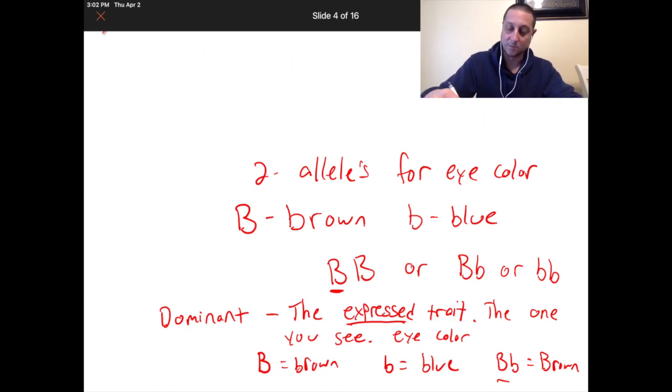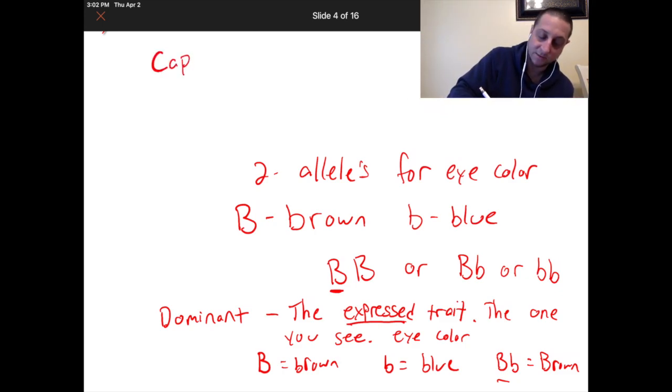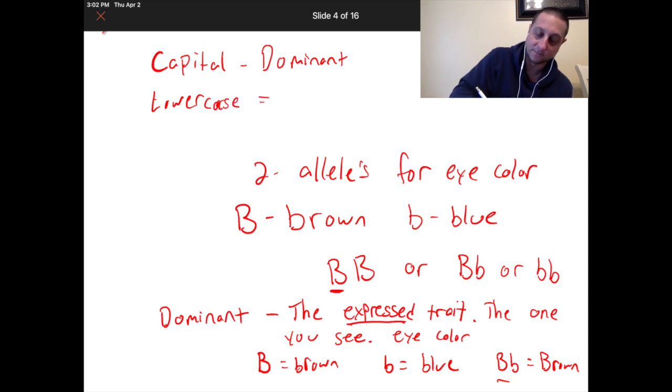There we go. So the capital represents dominant, and the lowercase represents recessive.